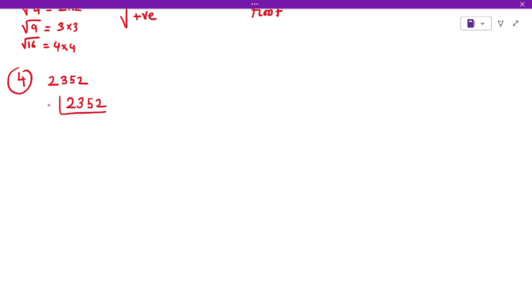Okay, let us start with 2 always. 2 ones are 2, 2 ones are 2, right? One left here, 15. 2 sevens are 14, and 2 sixes are 12. Clear? Again 2, because if you see the unit digit is 2, you know the division rules, right? I am assuming that you already know the division rules: when the number is divisible by 2, when the number is divisible by 3, when the number is divisible by 5.